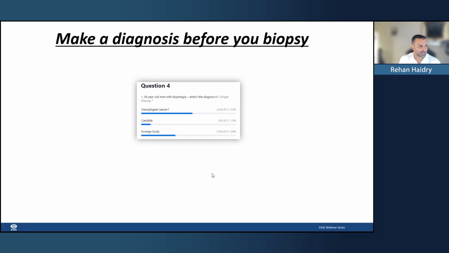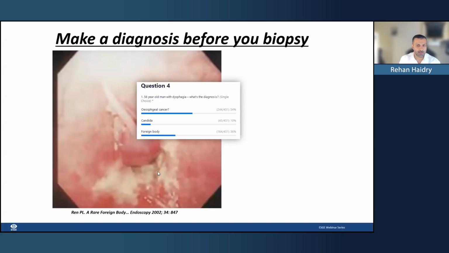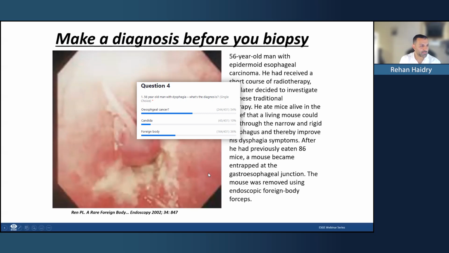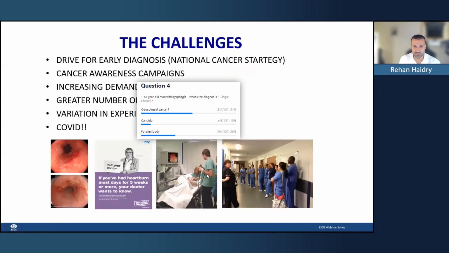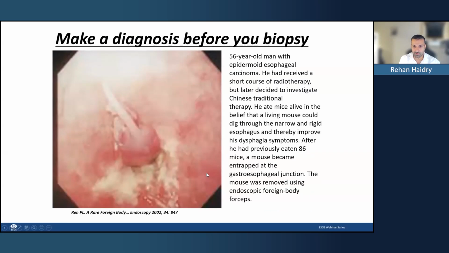So that's interesting. Okay, well, esophageal cancer is by far the most popular answer. Now, unfortunately, you're wrong, and the 36% of people who said it was a foreign body are correct. So you need to describe what you see. Sorry, just going to go back a slide if I may. This is a gentleman with esophageal cancer, so some of you are right.